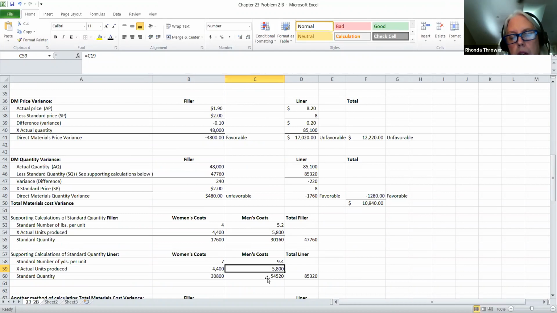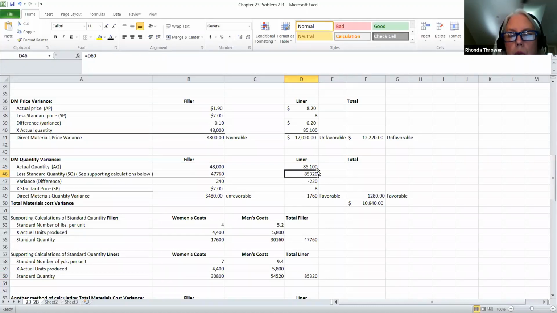You multiply these, it will give you 54,520, which combined with the women's coats yardage gives you a total standard quantity of liner of 85,320. So that's going to be substituted in for the standard quantity amount of our liner, since that's what we were working on. So this and this is the same.